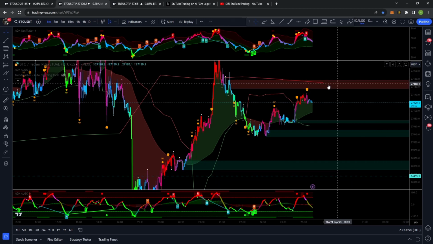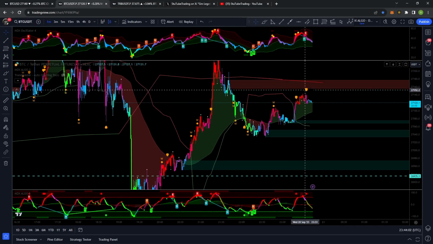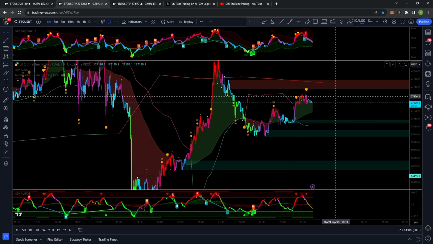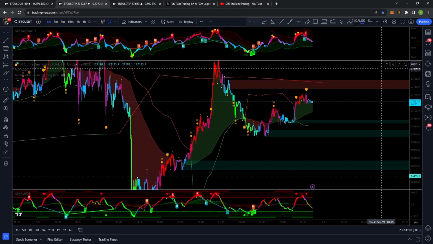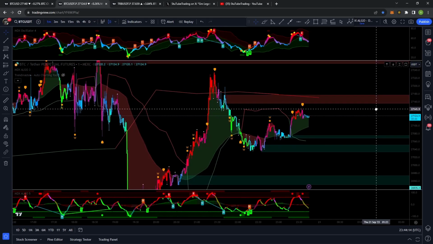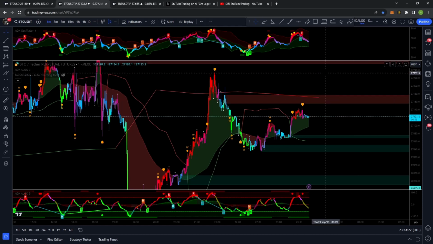If it's choppy, yes, you might flip-flop around these moving averages quite a bit. But when you get into a trending market and you can just keep entering on the same signal over and over on your position, taking profits along the way, adding back into it on the same signal, that can turn into such a powerful position, and it's stress-free because your stop loss is always in a bit of a profit. I just absolutely love when that happens.